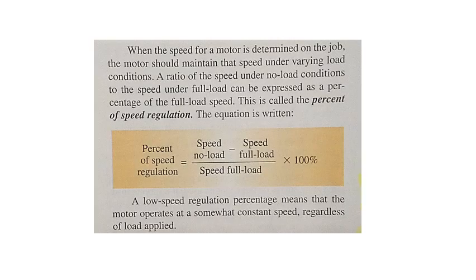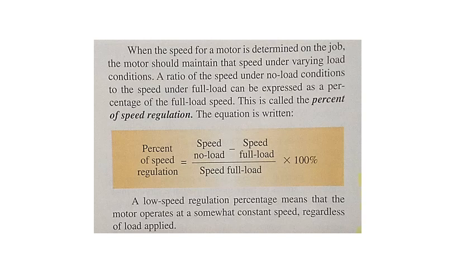Speed regulation. Many motors are designed for special purposes. Some develop full power under load, while others must be brought up to speed before the load is applied. When the speed of a motor is determined on the job, the motor should maintain that speed under varying load conditions. A ratio of the speed under no load conditions to the speed under full load can be expressed as a percentage of the full load speed.